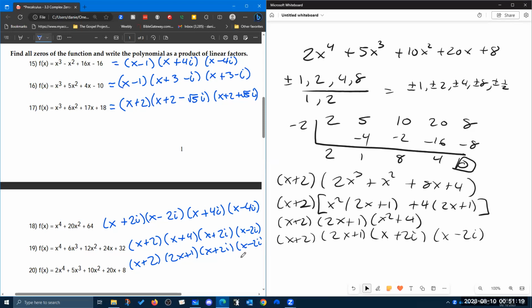There's our complete linear factorization for all of these problems. If you wanted to pull the 2 out front in this one, you could do that and write it as x plus 1/2. That would also be acceptable.